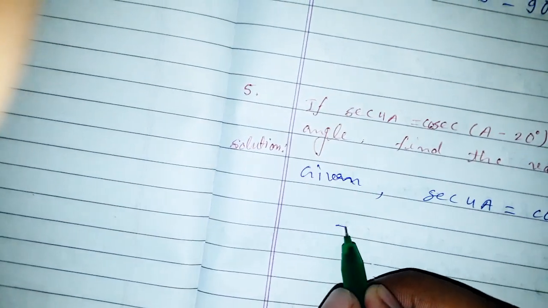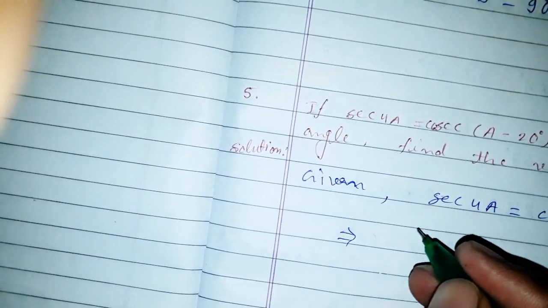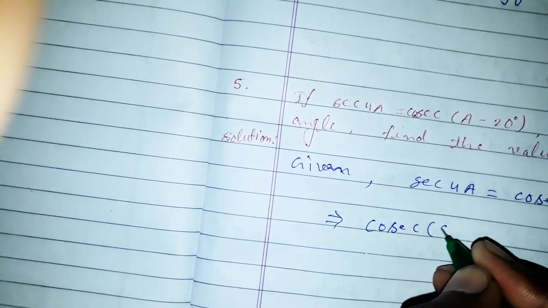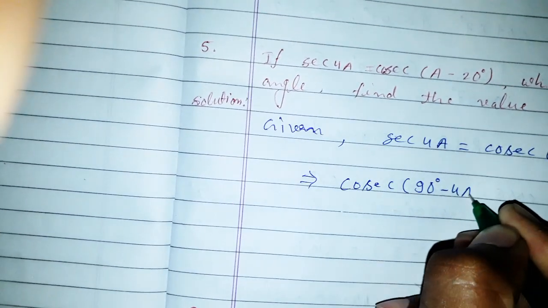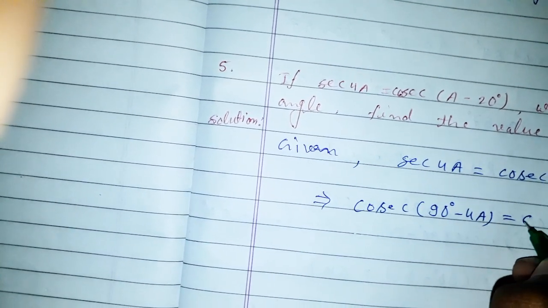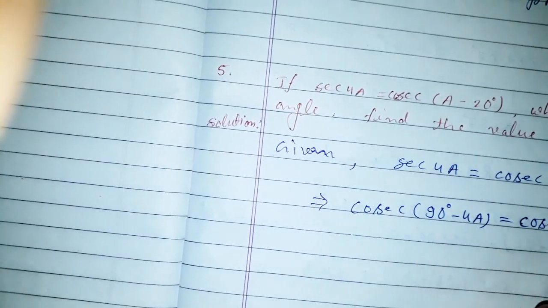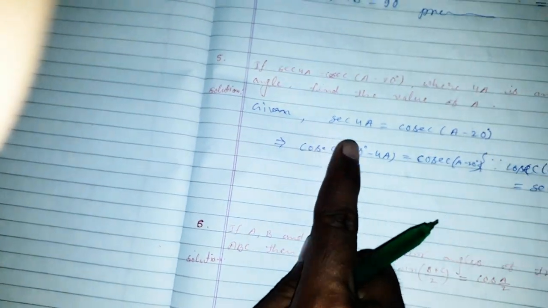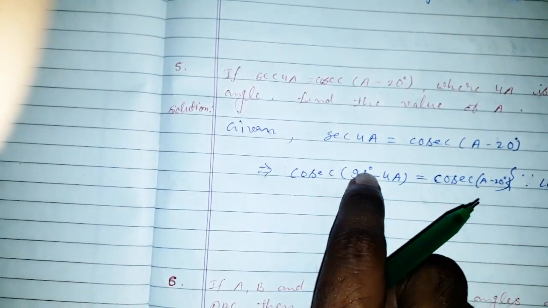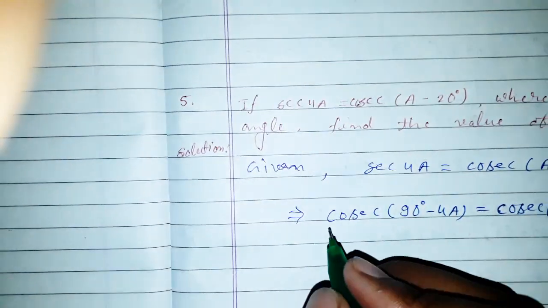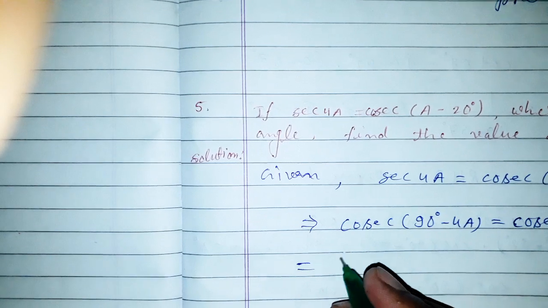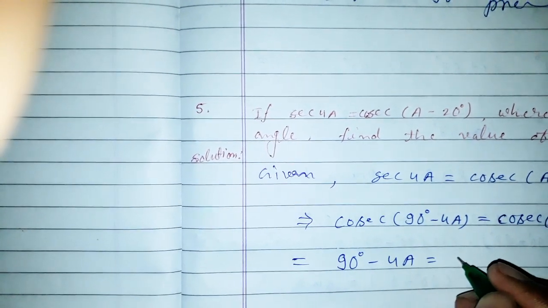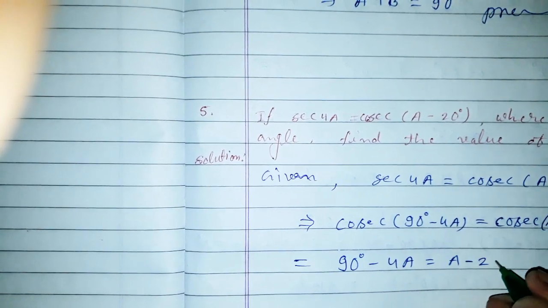So write here cosec 90 minus 4A is equal to cosec A minus 20 degree, because this is sec 4A. So cosec cancels, so 90 minus 4A is equal to A minus 20 degree.